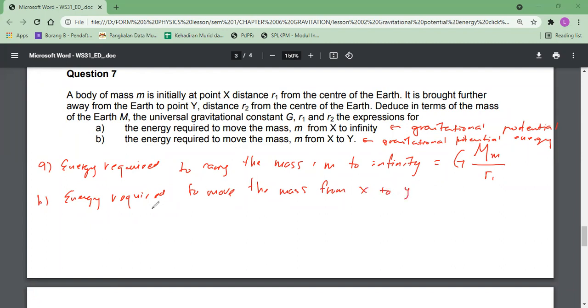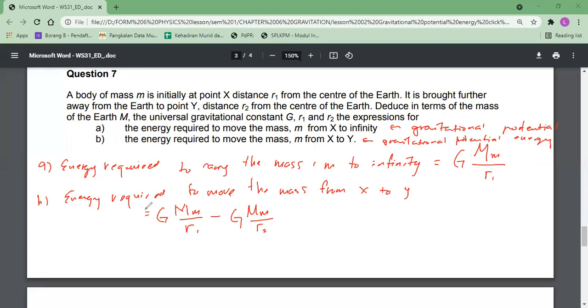So that means it will be like that: G capital M times m over R1, minus G capital M times m over R2.